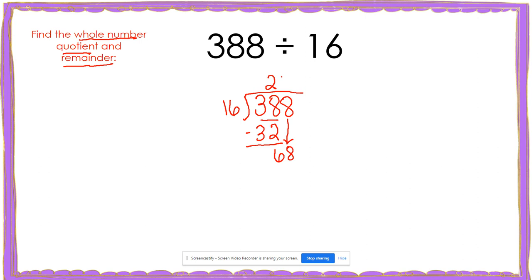I do know that there are 4 wholes of 16 in 68, so I can do 4 times 16, and when I do 4 times 16, I get 64. And when I subtract, I'm left with 4. At this point, there's nothing left for me to bring down. So that means that if I divide 388 into 16 equal groups, I will have 24 in each group, and I will have a remainder of 4 that cannot be placed in equal groups.